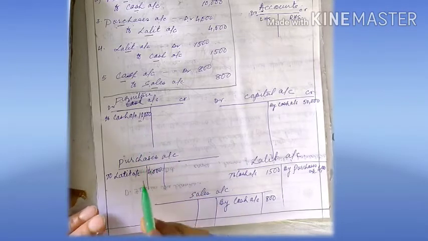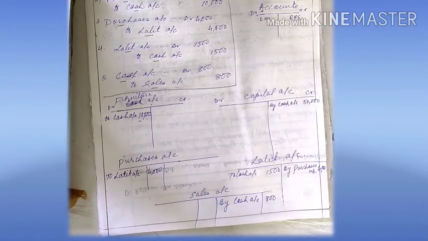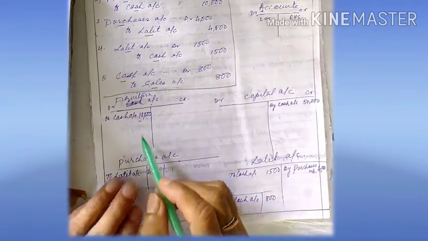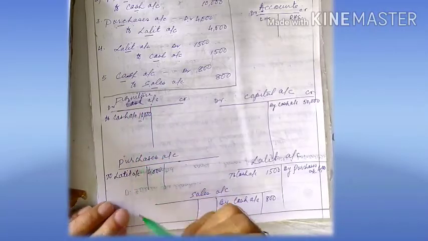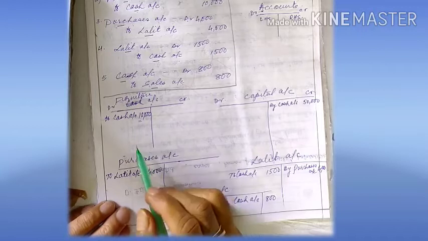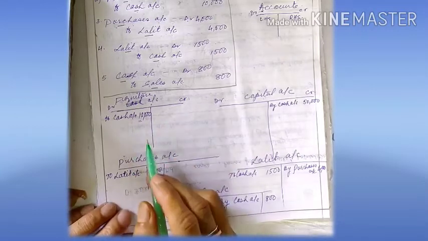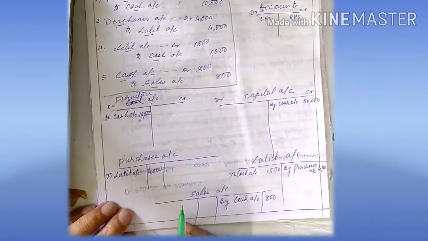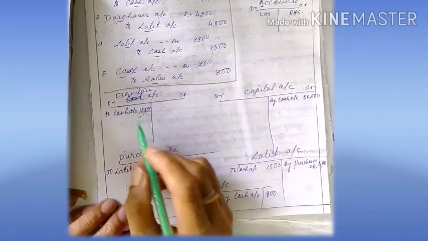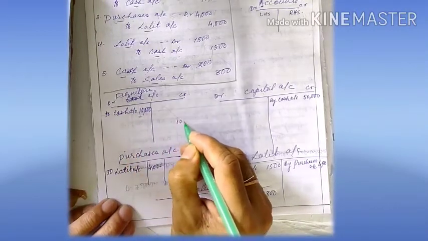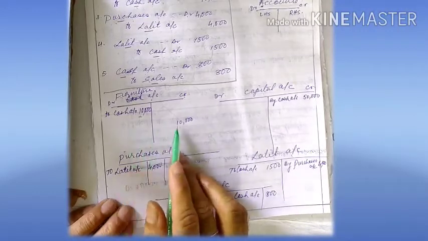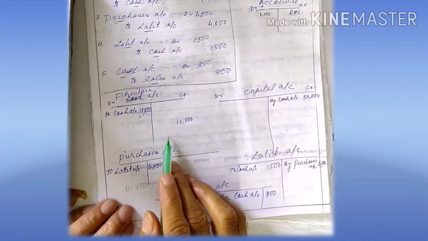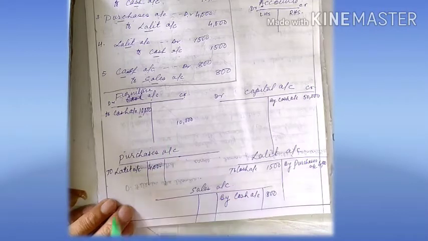Now, in order to balance, you have to add. You should not subtract. So here, in order to balance the furniture account, you have to add. You will add which side? The lesser side. So which is the lesser side here? Credit side. So in order to balance the furniture account, you have to add 10,000 on the credit side so that both the sides will have same number or same amount, that is 10,000.